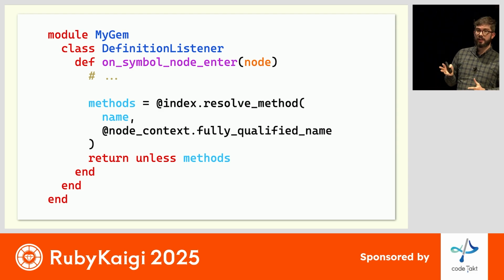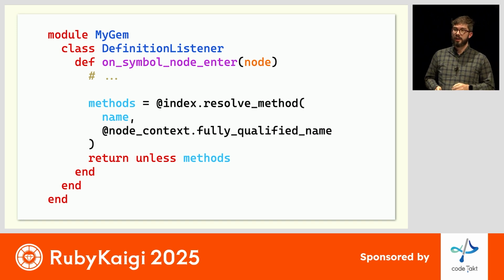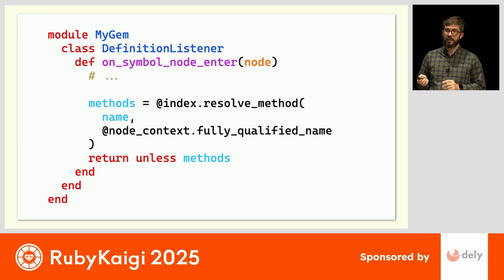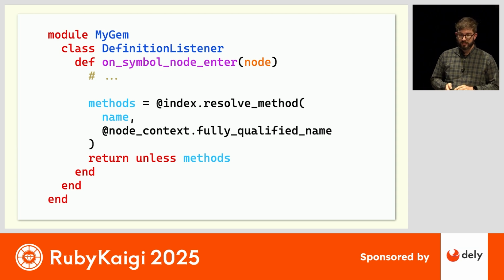So we can use the index to resolve a method based on its name and the fully qualified name of the namespace that should own that method that you are looking for, and we're going to get back as the result an array of every declaration that we were able to find for that name within that namespace. Of course, when you're developing, you can do weird things like using a symbol for a method that has not been defined yet, so we need to account for that case as well, and return early if you didn't define the method.